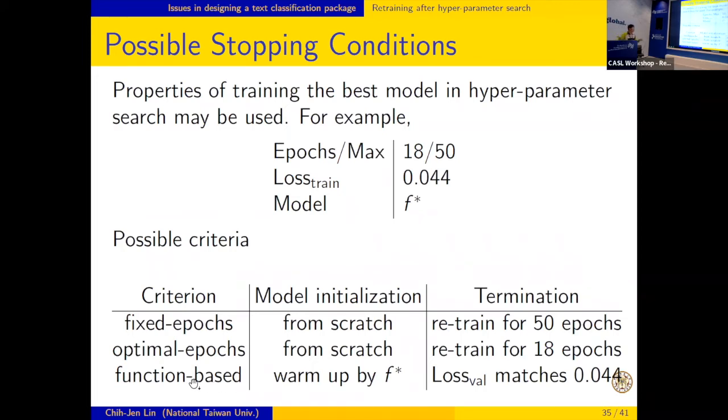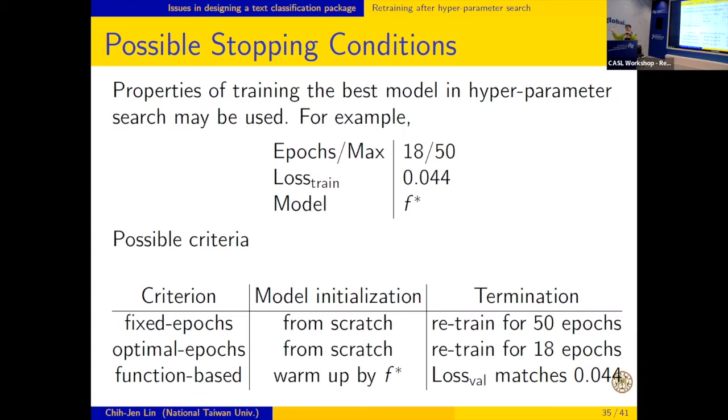Then there's another idea. I call this a function-based idea. The idea is that I have this training loss. That means I have fit the training data up to a certain point. But at that time, the validation error is actually high. I have a bigger validation error.